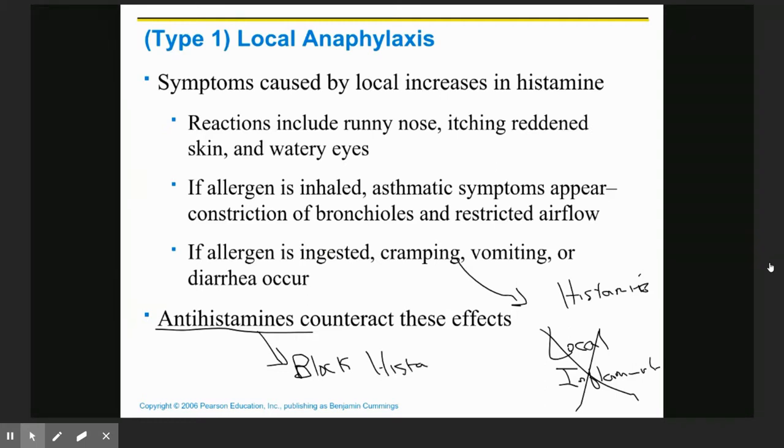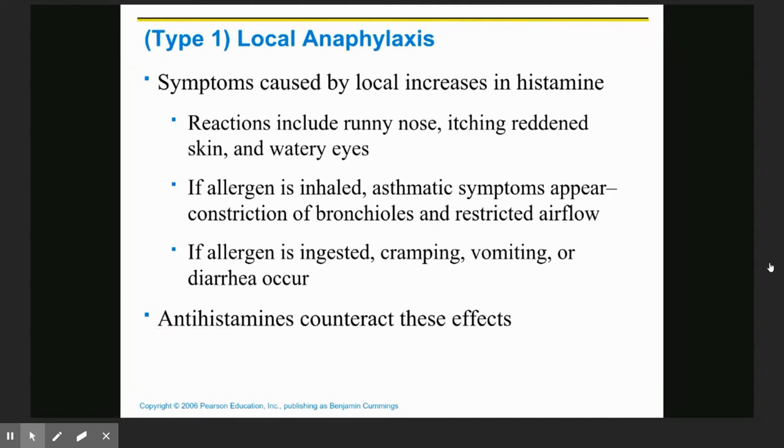I don't know how many of you have hay fever or cedar fever or anything like that, but you know how you feel when you get those symptoms. You just feel lousy, but it doesn't kill you. I'm allergic to cats.